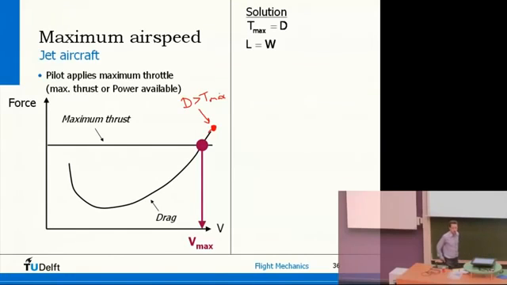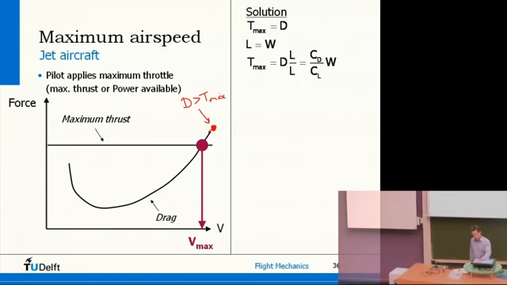Now we have our equations, because we're flying at a constant speed, constant altitude, thrust equal to drag, lift equal to weight. So maximum thrust must now be equal to the drag. By the way, you can arrive at the final answer in many different ways, but this is just a trick to do it a bit faster. So maximum thrust is drag.